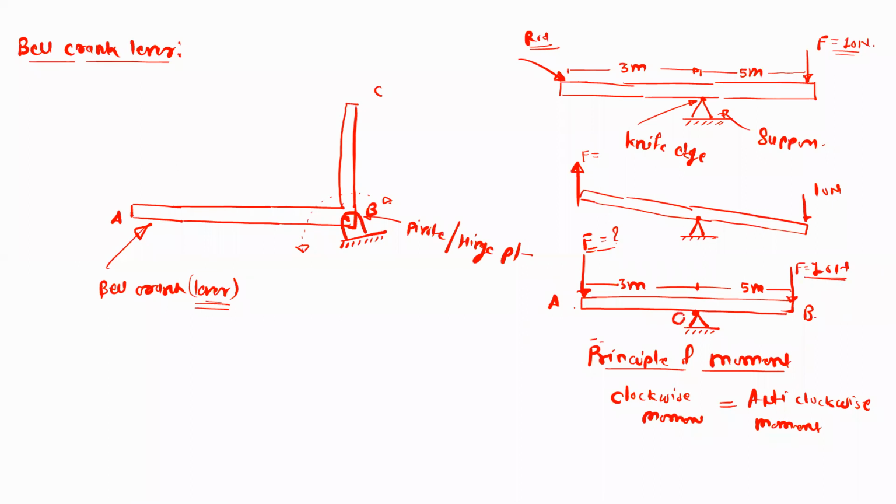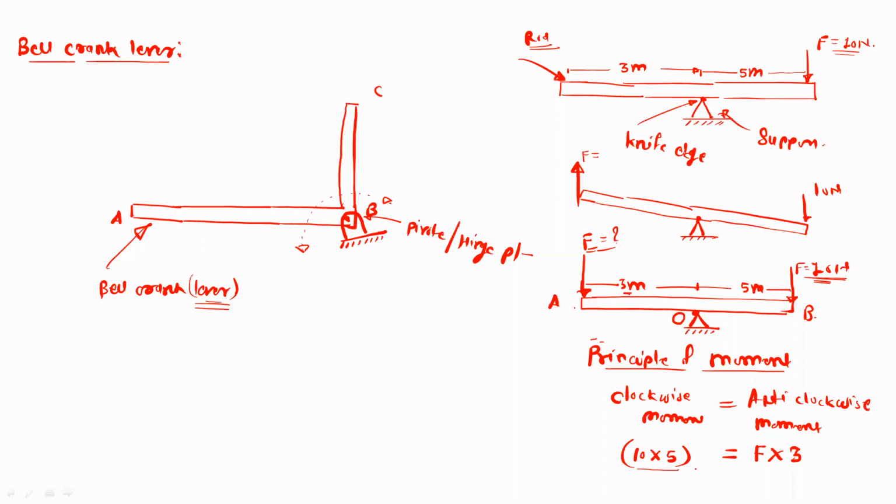So let us take this point as O. Okay, so what is the moment which is a clockwise moment? It is 10 into 5 meter. So this 10 into 5 is the clockwise moment. In order to maintain AB exactly in the horizontal position, that is called its equilibrium, we need to apply one anti-clockwise moment which will counter the moment created by 10 Newton. Okay, so this counter moment is nothing but the anti-clockwise moment, and this value will be F into the distance of the second force. It is nothing but 3 meter.